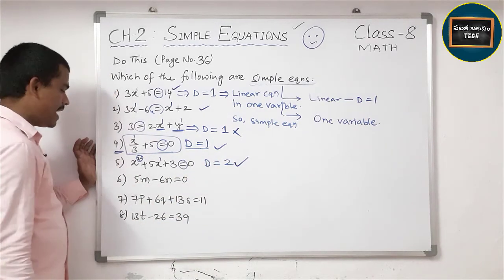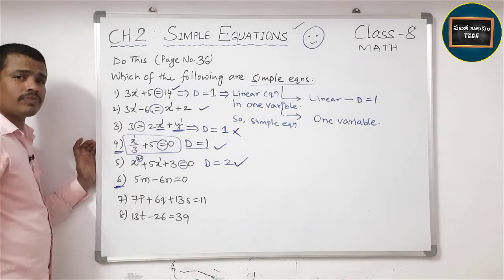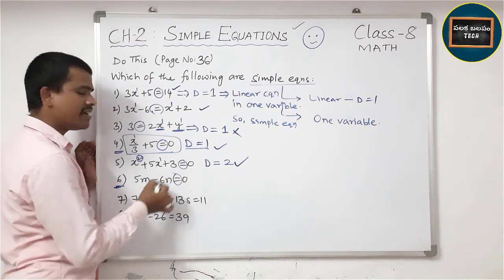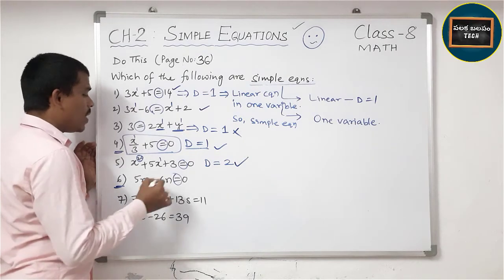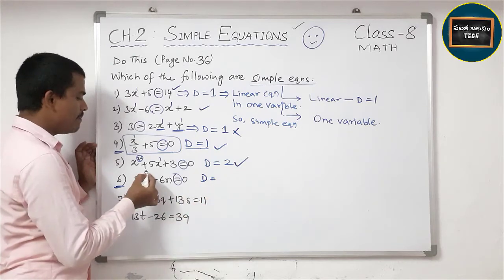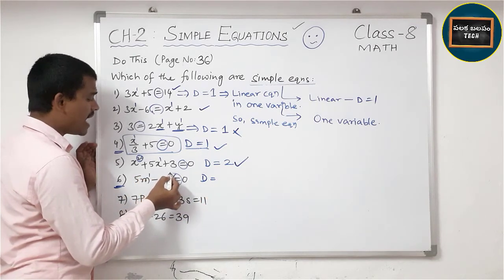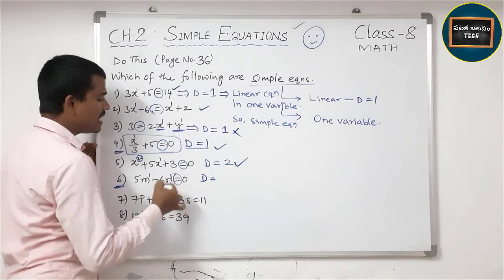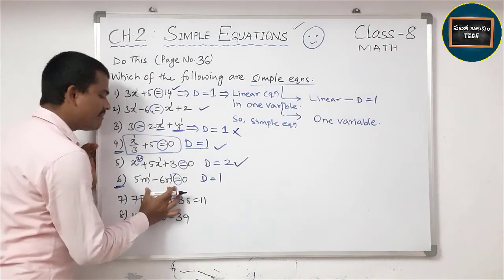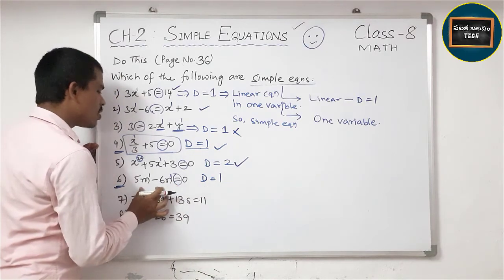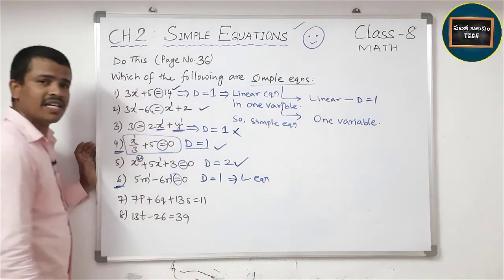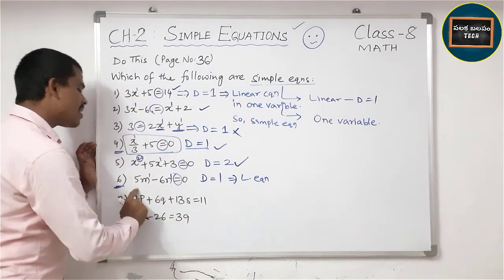Okay. Next, let us see the sixth question. 5m minus 6n equal to 0. It is an equation. Yes. Now, what is the degree of the equation here? The highest power of the variable. m has power 1, n has power 1. So the degree of the equation becomes 1. So this is called a linear equation. Now how many variables are there in this equation?